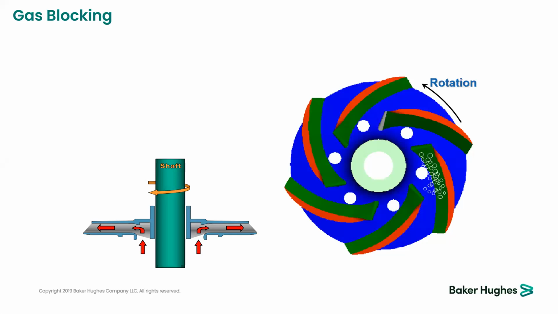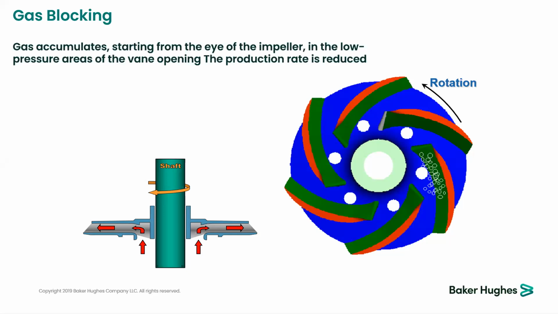Let us see how and when gas locking occurs. On that schematic, a mixture of gas and liquid is going through the standard pump impeller. Because of the density difference between the gas and the oil, the gas will tend to accumulate behind the impeller vane.